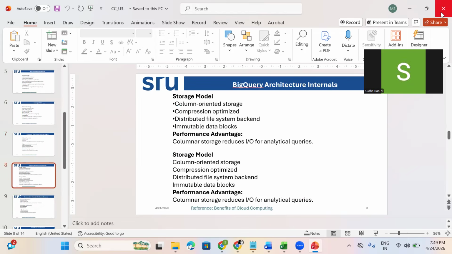Storage model: columnar-oriented storage, compression optimized, distributed file system backend, immutable data blocks. Performance advantage: columnar storage reduces I/O for analytics queries.